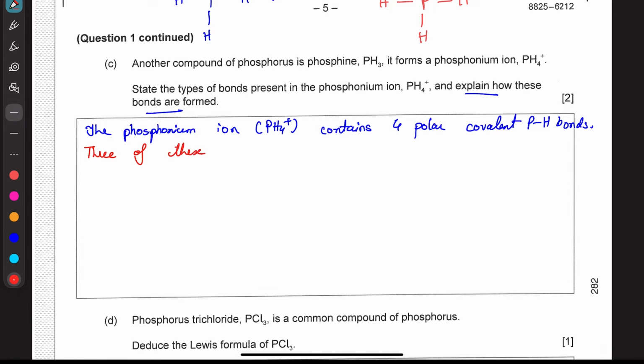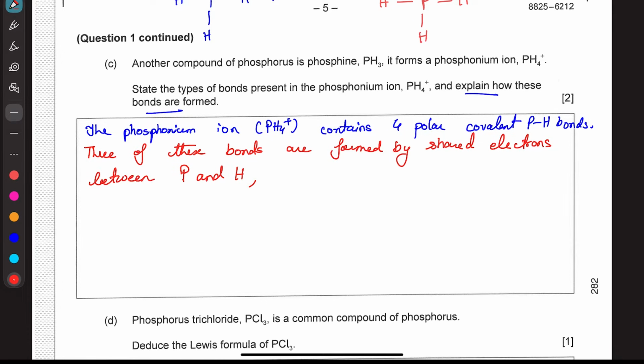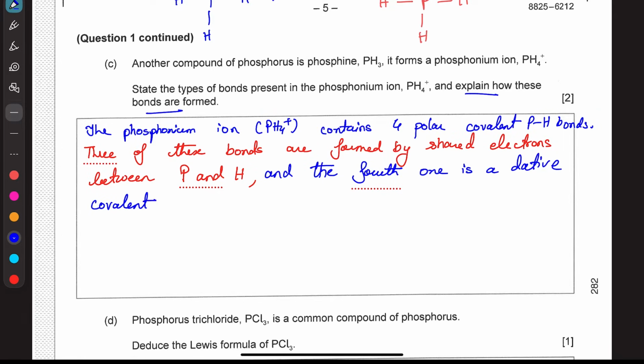Three of these bonds are formed by paired electrons between phosphorus and hydrogen. And the fourth bond is a dative covalent bond where the lone pair on phosphorus is donated to the H+.